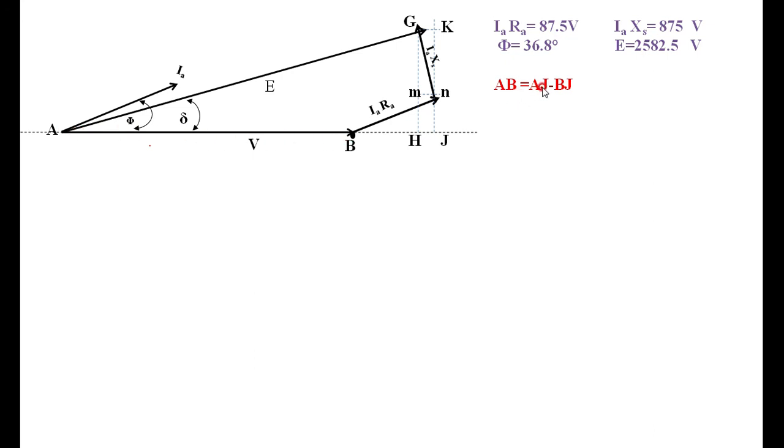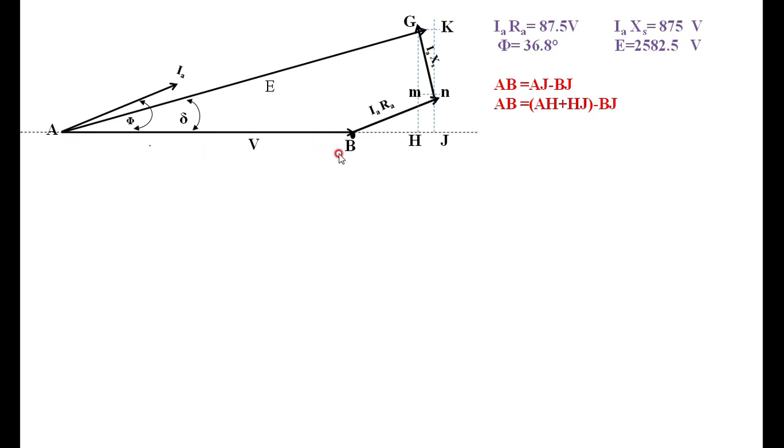Therefore, I write AB in terms of AJ minus BJ, because I don't know AB, but I know AJ and BJ, so I can express AB in terms of them. AJ can also be expressed as AH plus HJ.